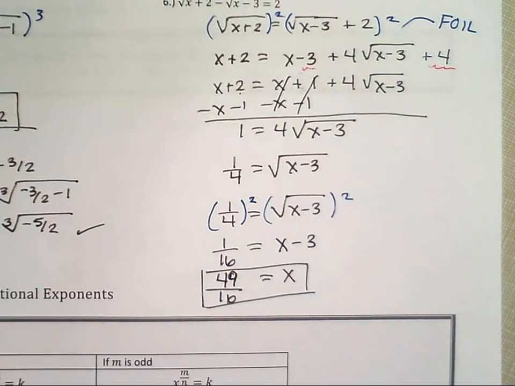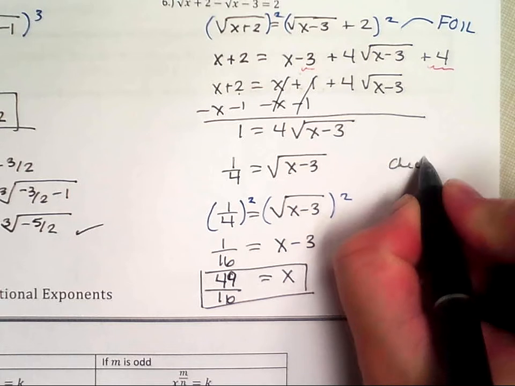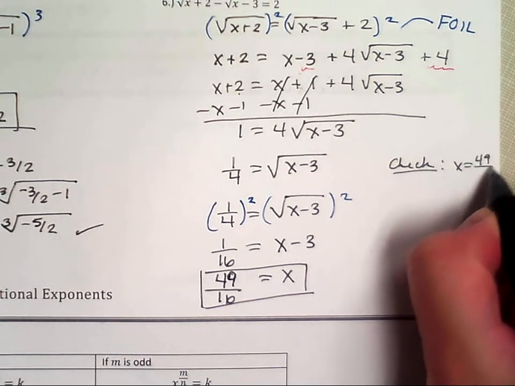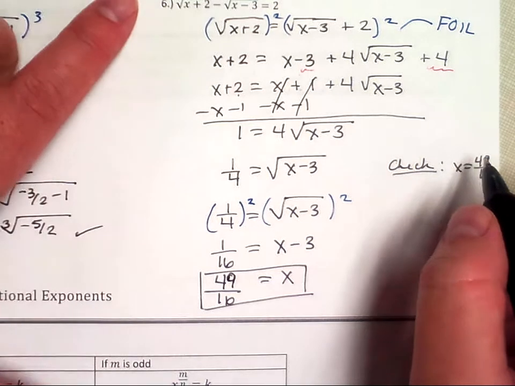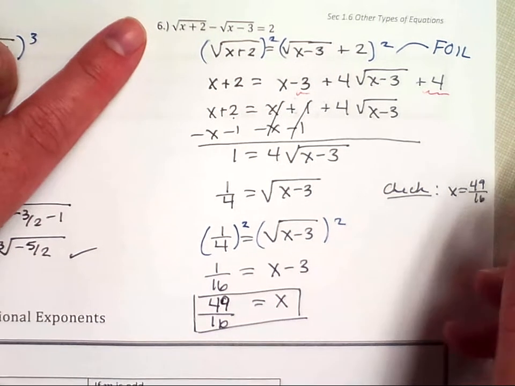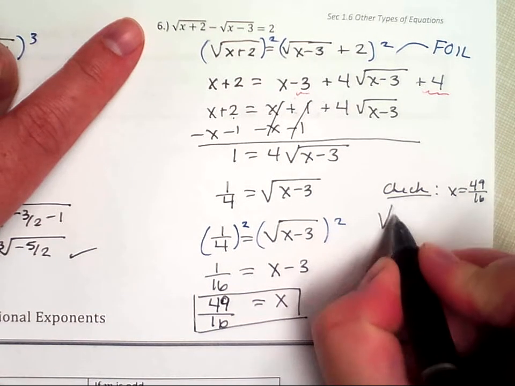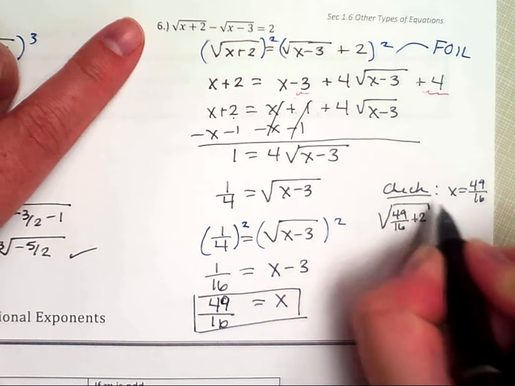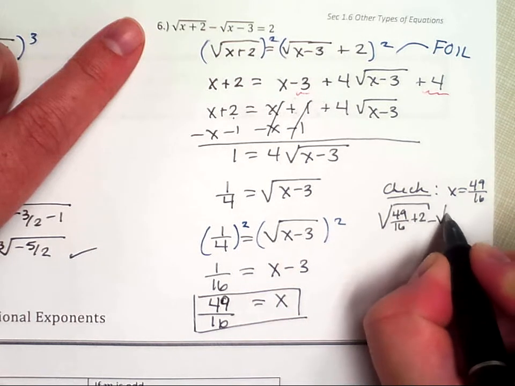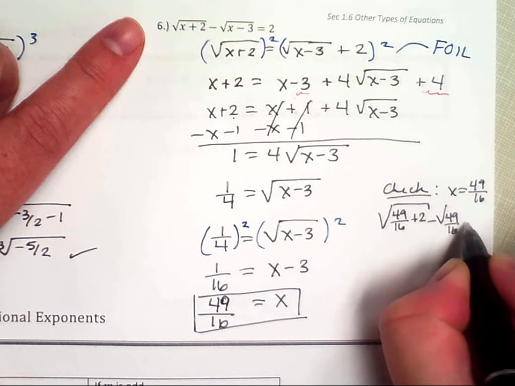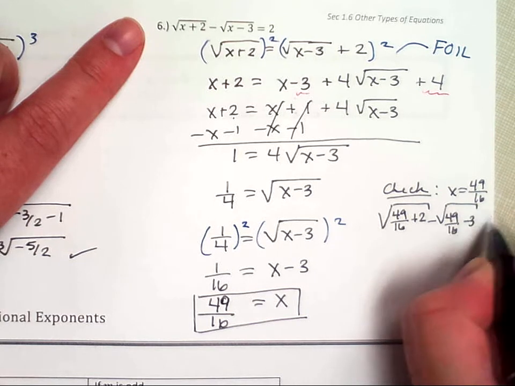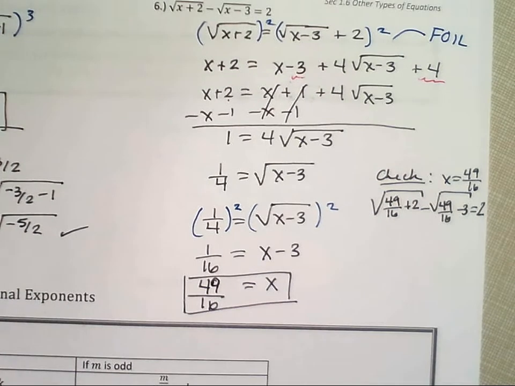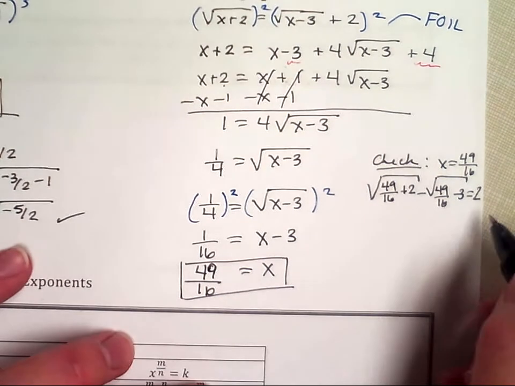Okay, so again with these, we need to check our work. Check x equals 49 over 16. All right, so I'm going to plug that back into the original. All right, who's got their calculator? What happens on the left?